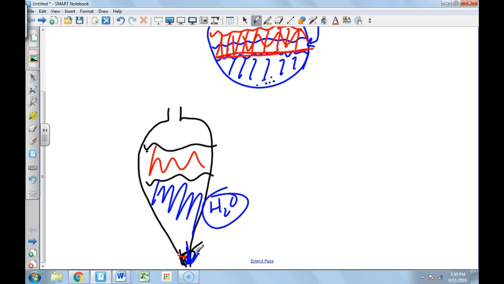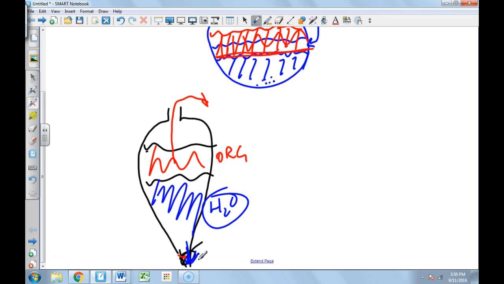Then the organic layer, once the water layer is gone, should be poured out the top. That prevents any junk built up in the stopcock or in the neck from intermingling with the organic layer. It's a little overkill, but it's definitely good lab technique.